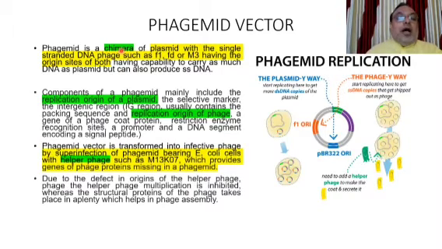Here, as a vector, it is exhibiting characteristics of two different vectors, that is, it has incorporated in itself the features of two different vectors.